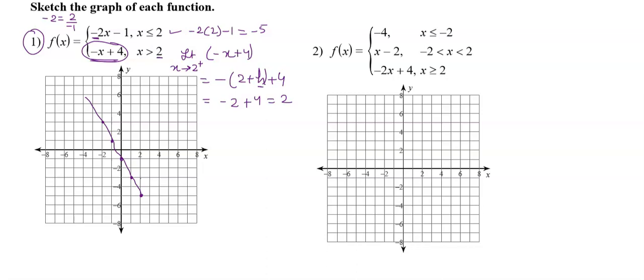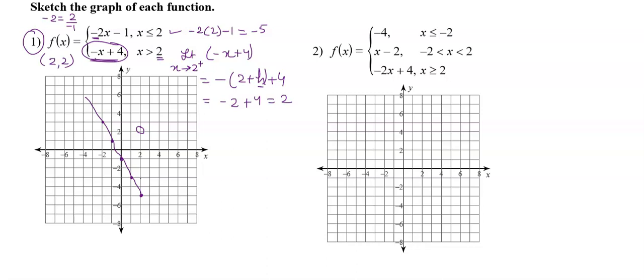So the value is 2 at the open end, and the point is (2, 2). I will mark it with a hollow circle, because x was 2, we got y as 2. That is why we marked it here, and it is hollow because x does not touch 2.